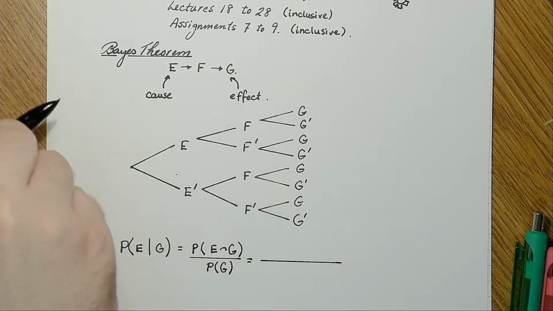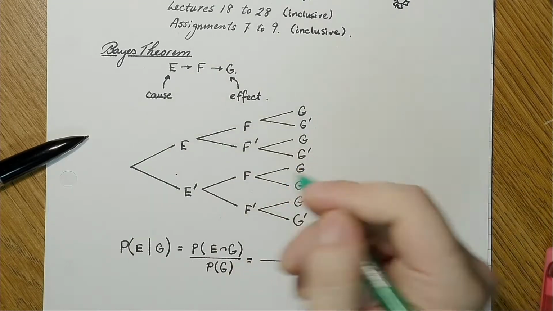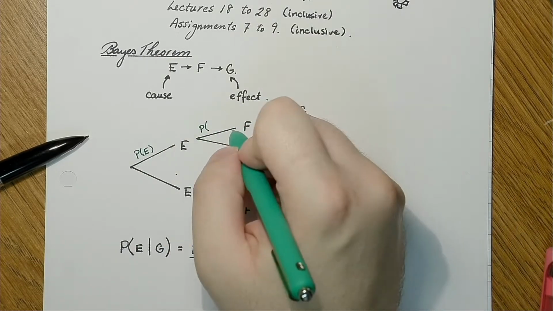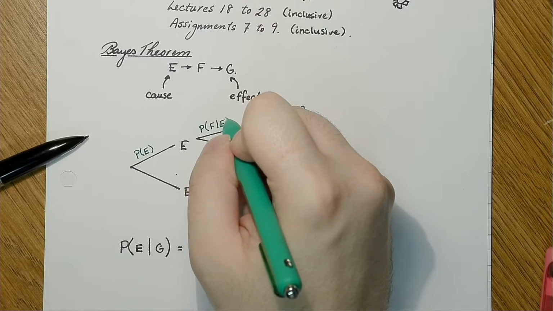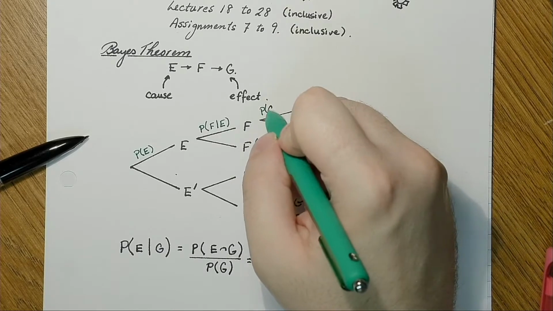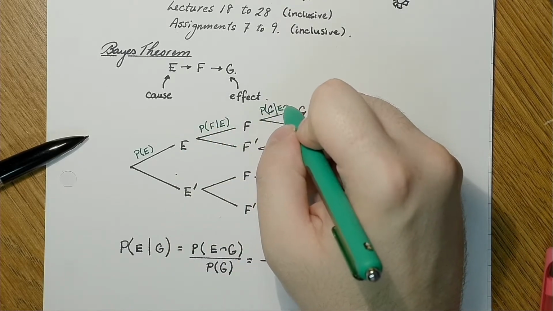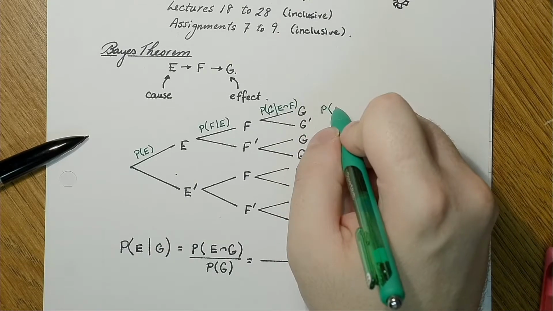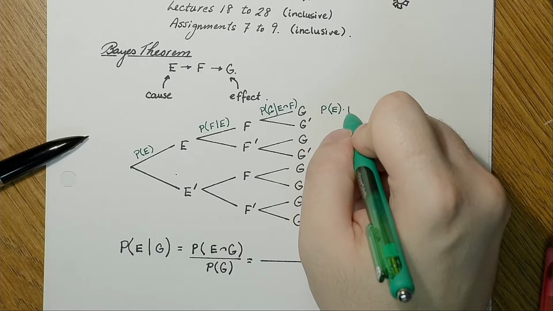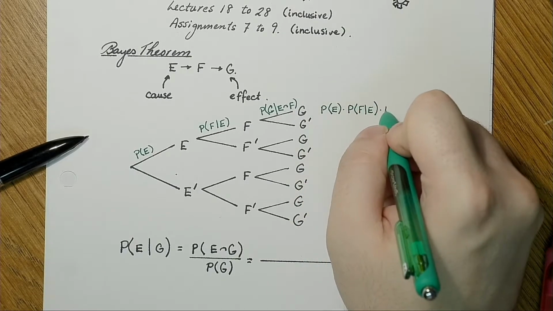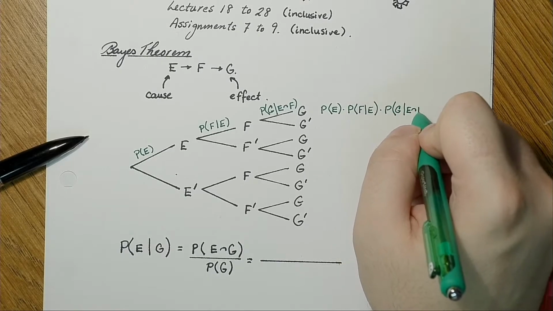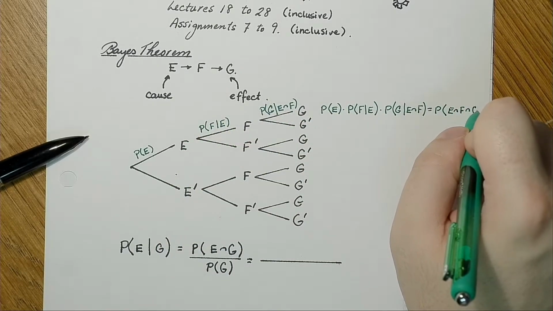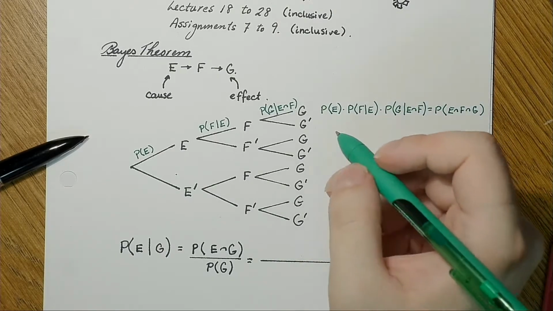Okay, so now I'm going to label this. Here is the probability of E. This would be the probability of F given E. Over here, this is the probability of G given E and F. If you multiply those together, the probability of E times the probability of F given E times the probability of G given E and F, this gives us the probability of E and F and G. Same thing over here.